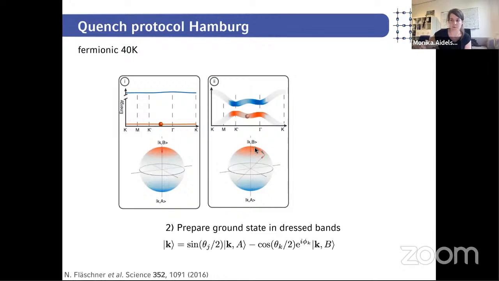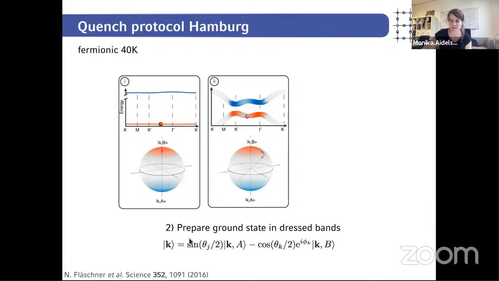So the state, if you think about the quasi-spinor, can be expressed in this form. There will be a mixing angle theta, which mixes Ka and Kb, and some angle phi on the Bloch sphere.